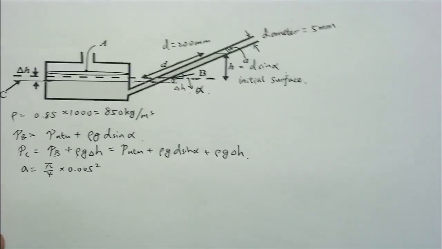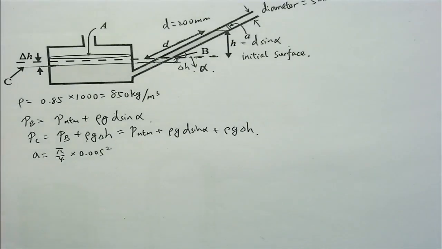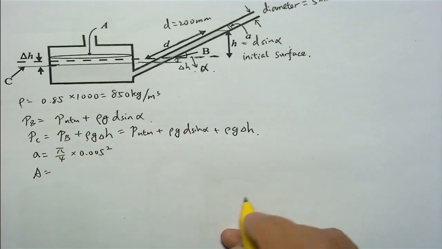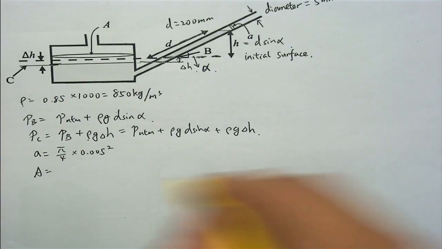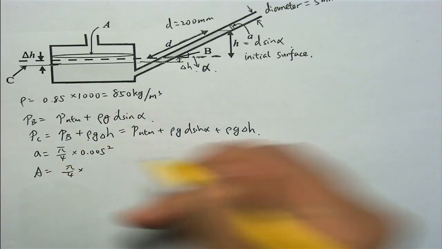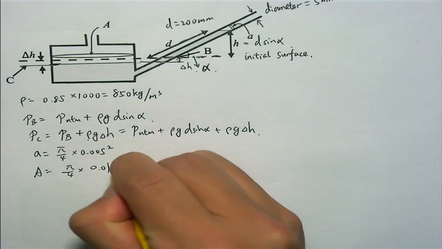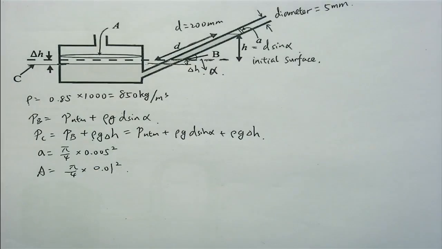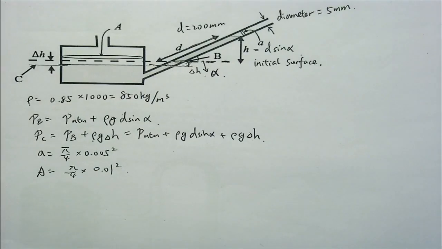So we can also get the cross-sectional area here. Okay. But then we still need one equation to make these equations close.